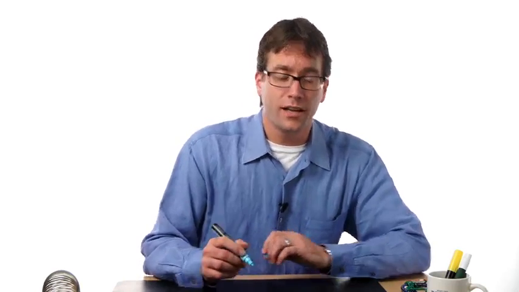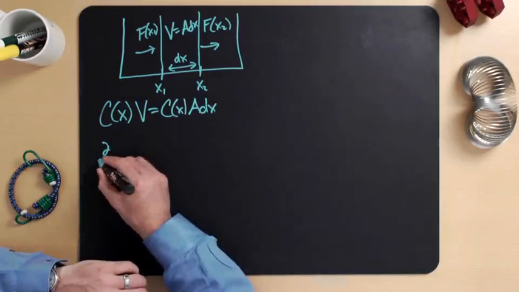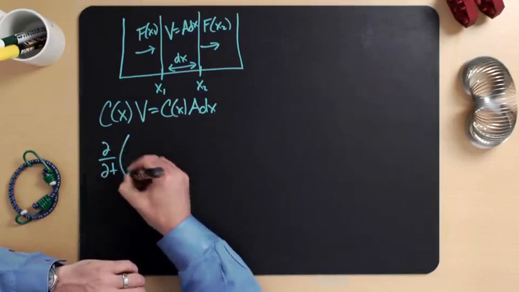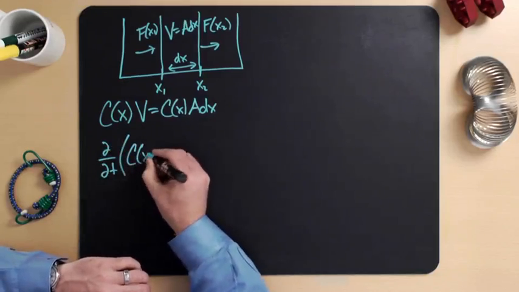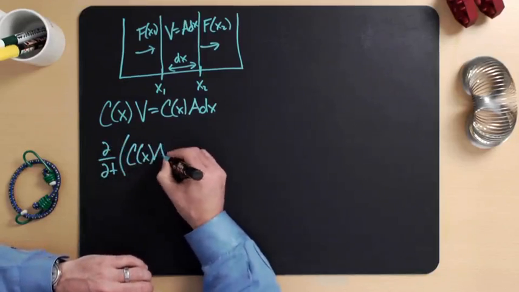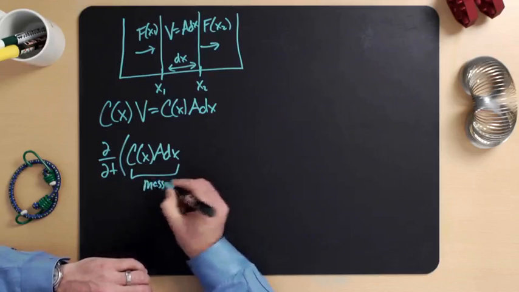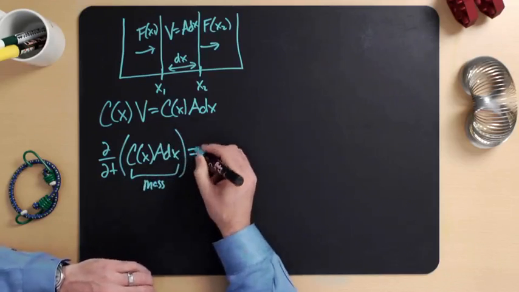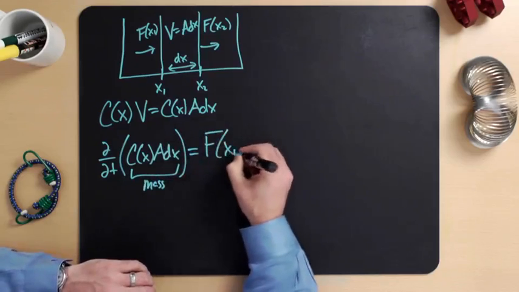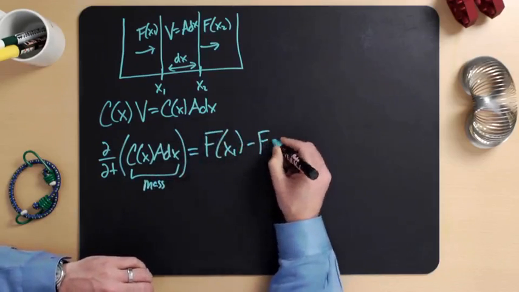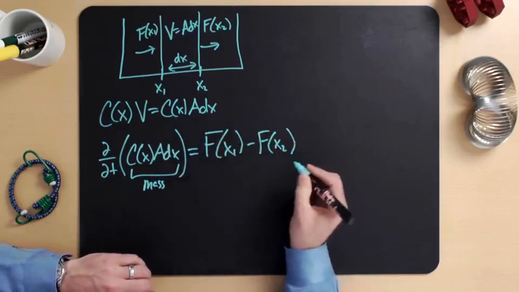The only thing that could lead to the mass changing in that volume is if the flux in and the flux out are not the same. Hence, d/dt of C of x A dx, so this term is the mass, is equal to f of x1 minus f of x2.